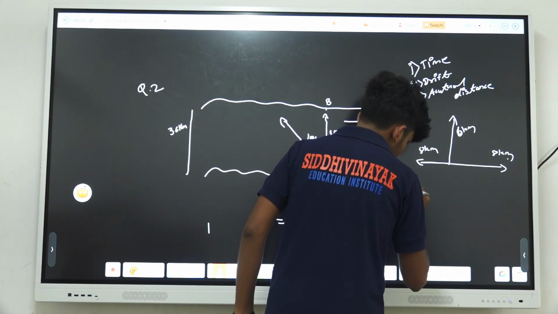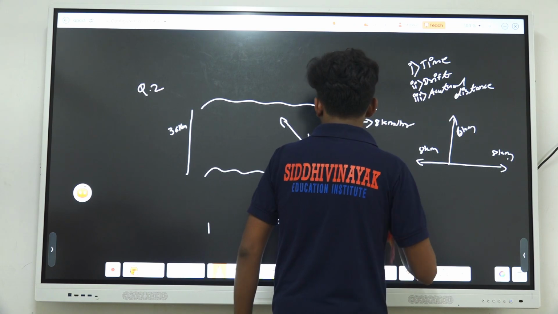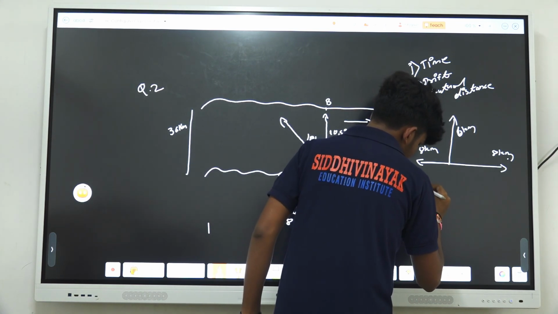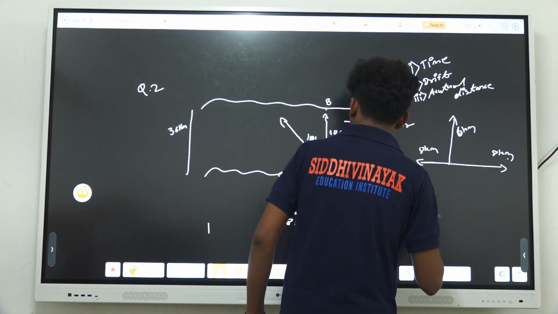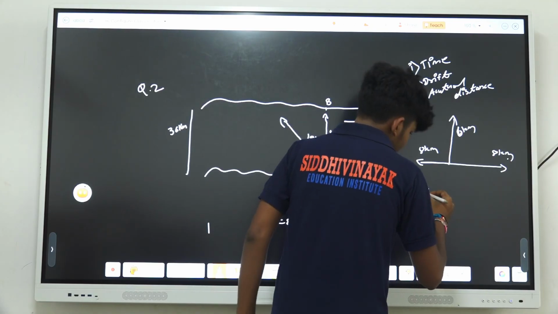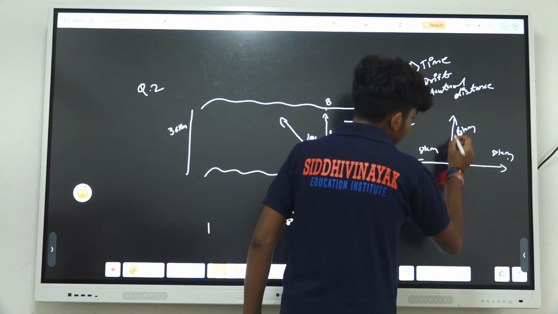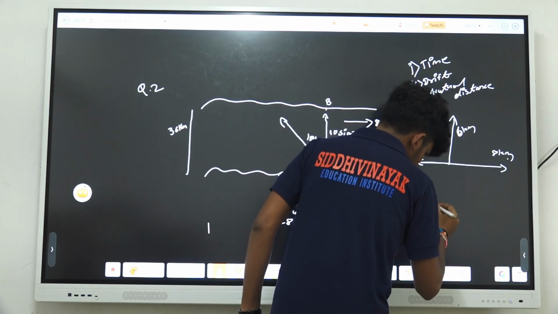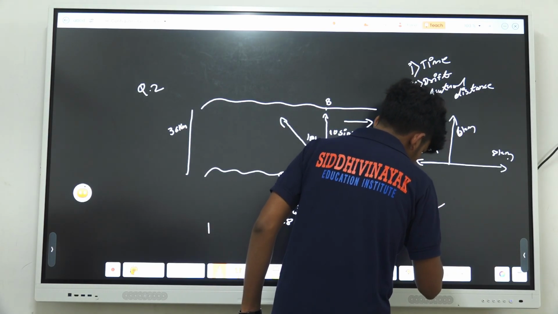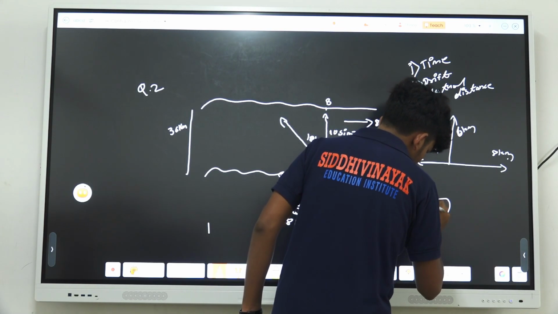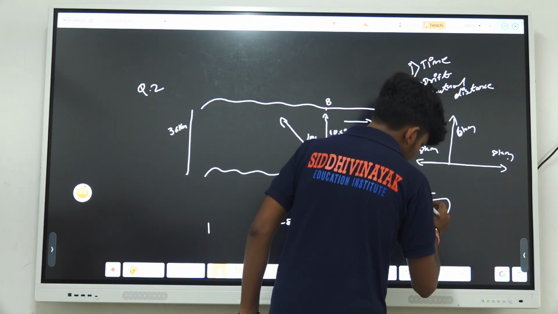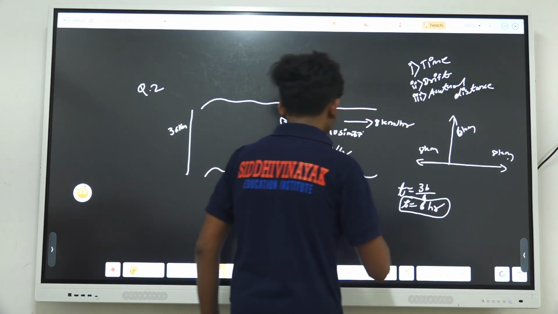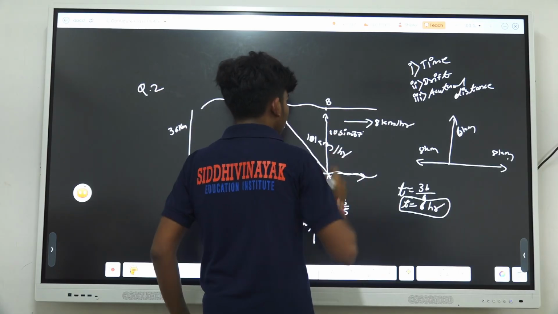So time is equal to 36 upon 6, which is 6 hours. The time taken would be 6 hours to reach from point A to point B.